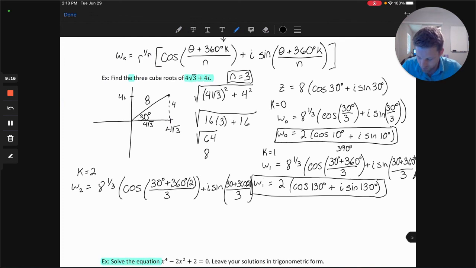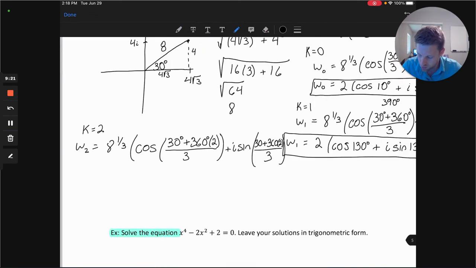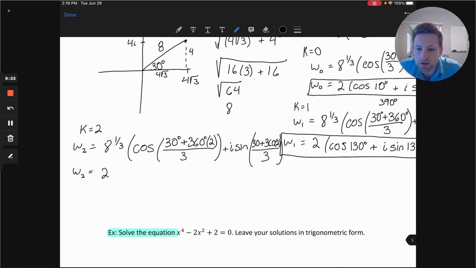So again, we'll try to simplify this w sub 2. That'll be 2. If we consider what angle we're going to have in the cosine function, we'll have 360 times 2 is 720, and then plus 30, that will be 750. And so 750, and we want to divide by 3, that'll be a grand total of 250.